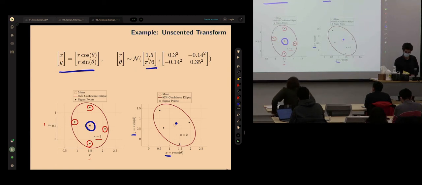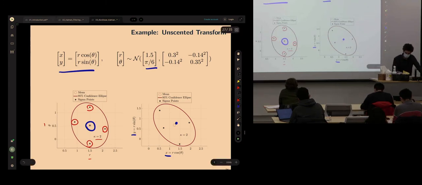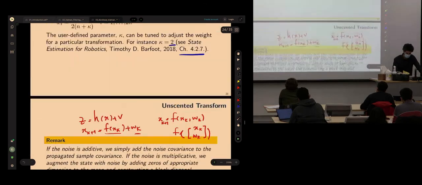Plug in 1.5 and pi over 6 to this r and theta function. It will give you one x and y. This will be this blue point here. Okay? Now go through the unscented transform process to evaluate this mean.